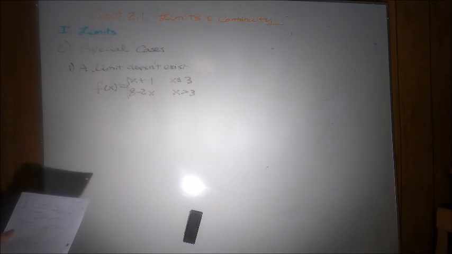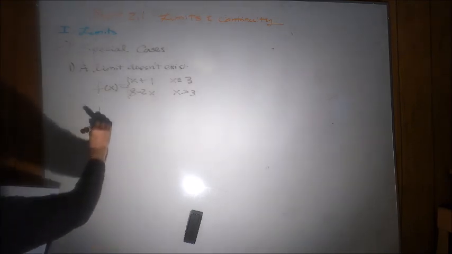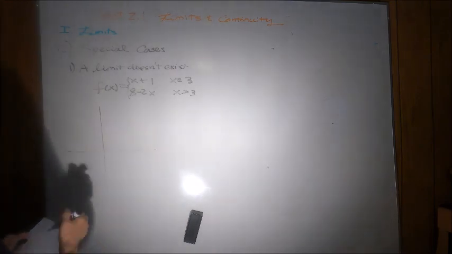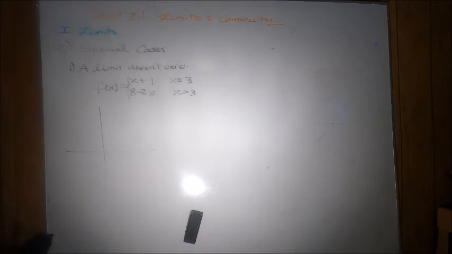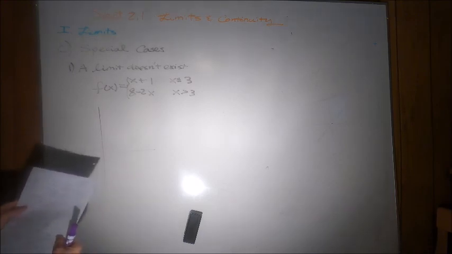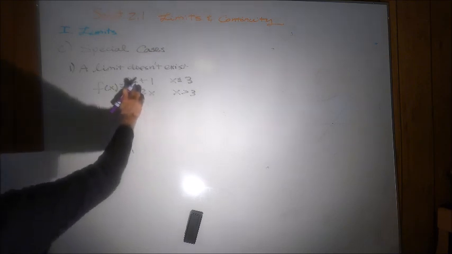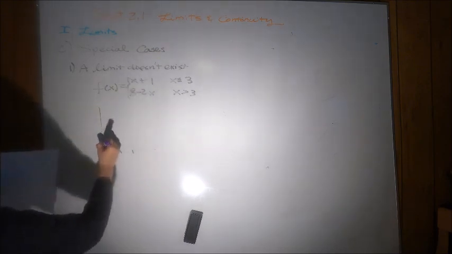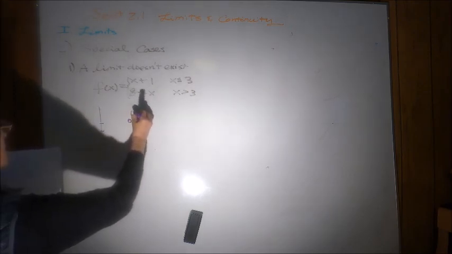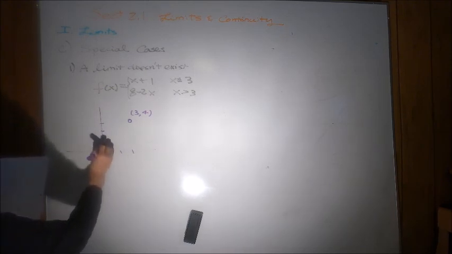Okay, so to observe it, we graph it first. When we graph it, use your t-table. When x is less than 3, you plug in, it becomes x plus 1, right? So 3 becomes 4. X is 0, plus 1, y is 1.